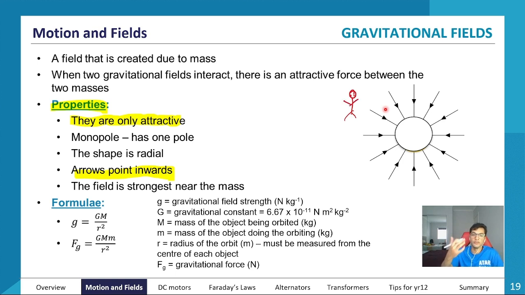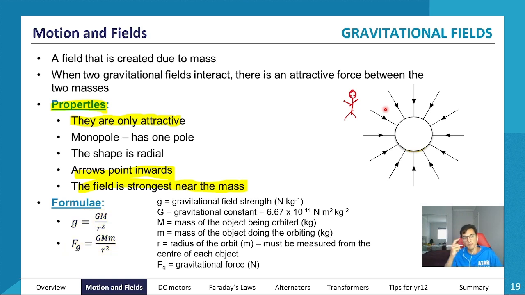So you would get pulled towards the center of the Earth. That's what we expect. And the gravitational field is strongest near the mass. So the closer you are to the center of mass, the more gravitational field you would be experiencing. And with that, there are two new formulas.